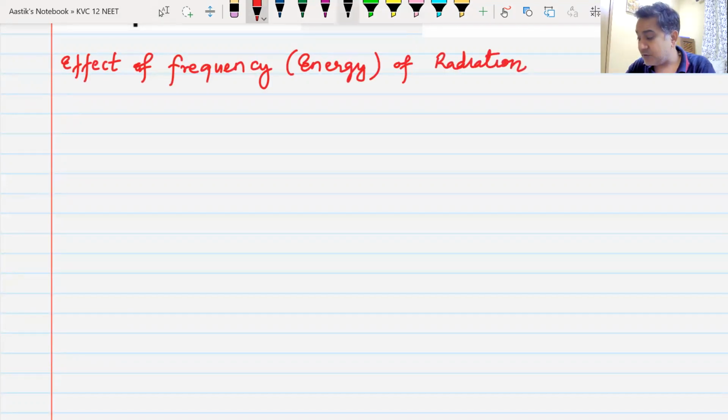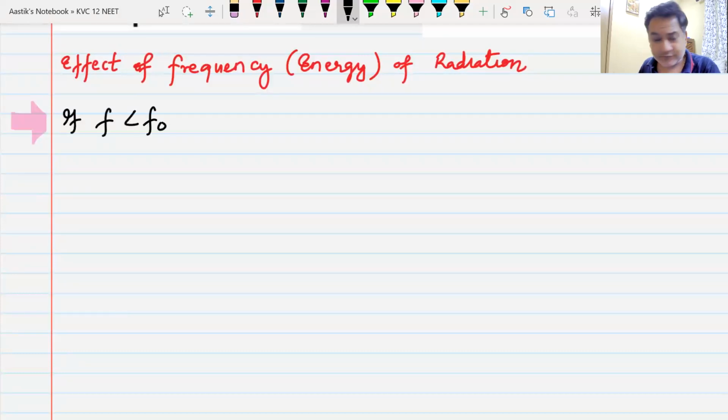Now, the only effect you can write here is, number one, if frequency is less than f naught, there is no photoelectric current. Do we understand this?